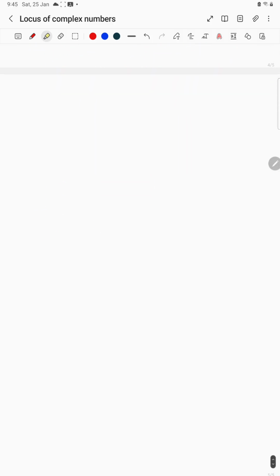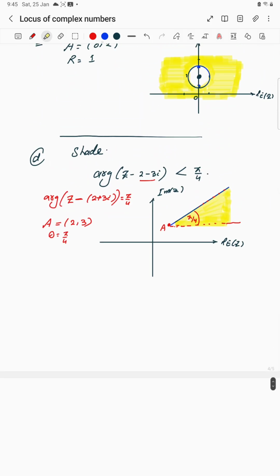So take one more example for this. Most probably the students sometimes get stuck. If argument of z minus (2 plus 3i) is, you can say, less than 3 pi by 4. 3 pi by 4 comes to be 135 in degrees if you want.